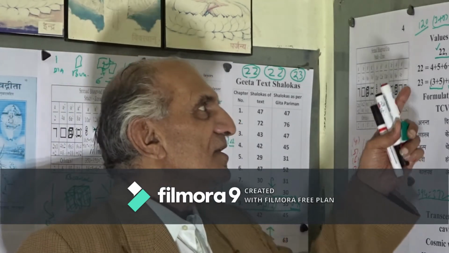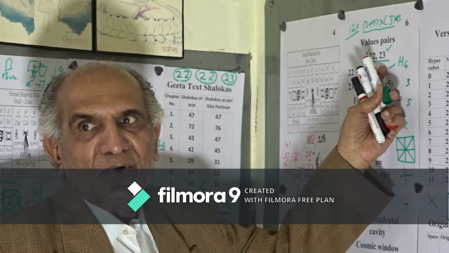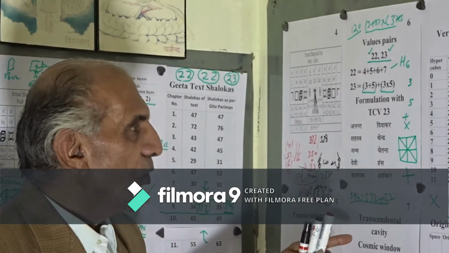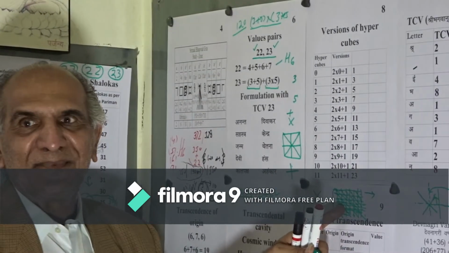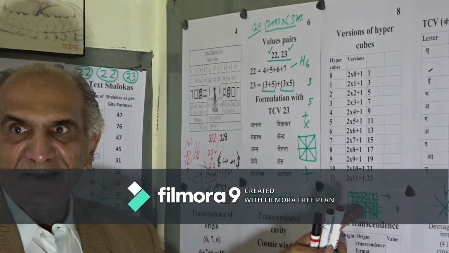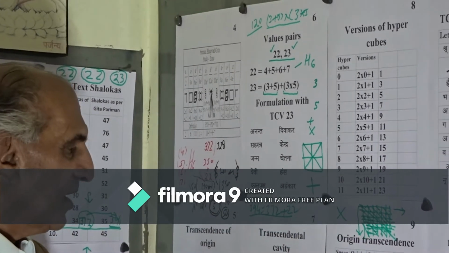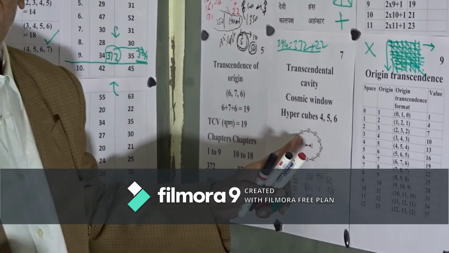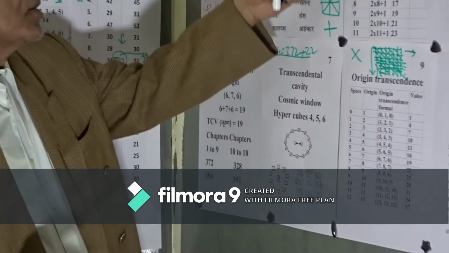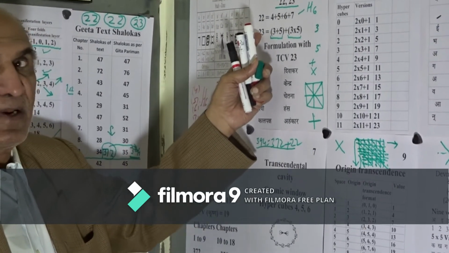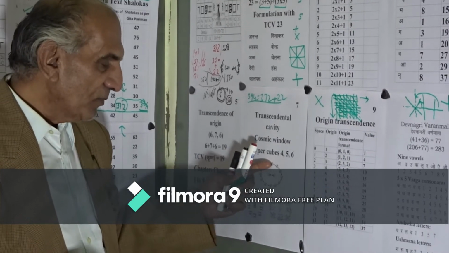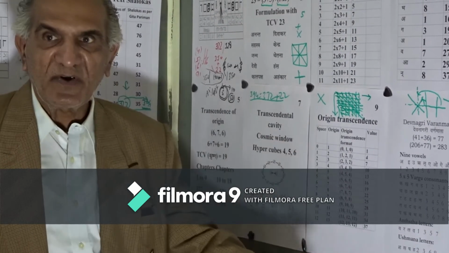Therefore, this value 23 is the value which is taking us to space, surface, and 2 space is dimension of 4 space. 4 space is dimension of 6 space. That means this organization, when it goes to the format, takes us from domain to dimension of a dimension.